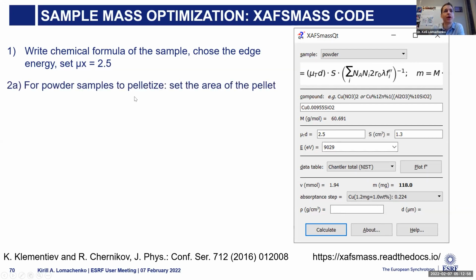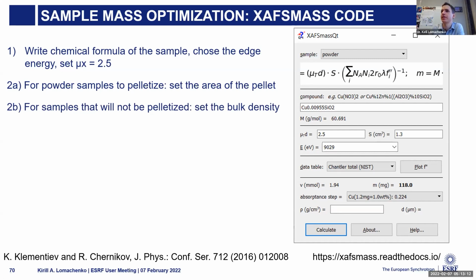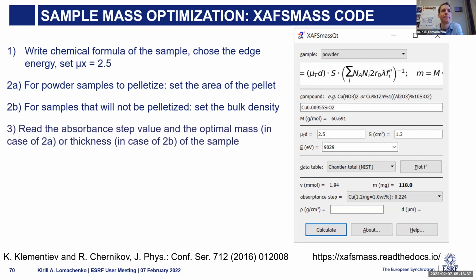Then if you make a pellet out of your powder, you give the diameter of the pellet, the area of your pellet, sorry. You set the energy of the edge that you want to measure. If you don't pelletize your samples, so the samples don't have a well-defined area, you set the bulk density, because in such a case the information that you will get will not be the mass of the sample to measure, like in the case of the pellet, but the thickness of the sample that you will have to create to get a particular edge jump.